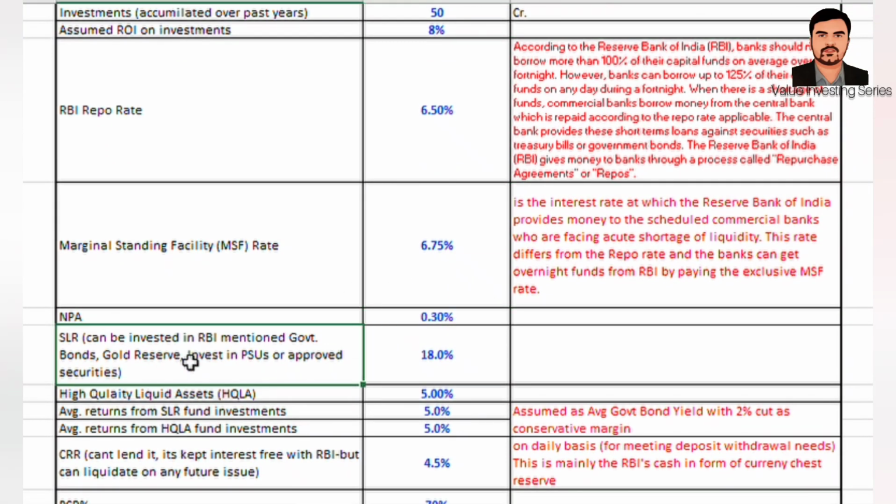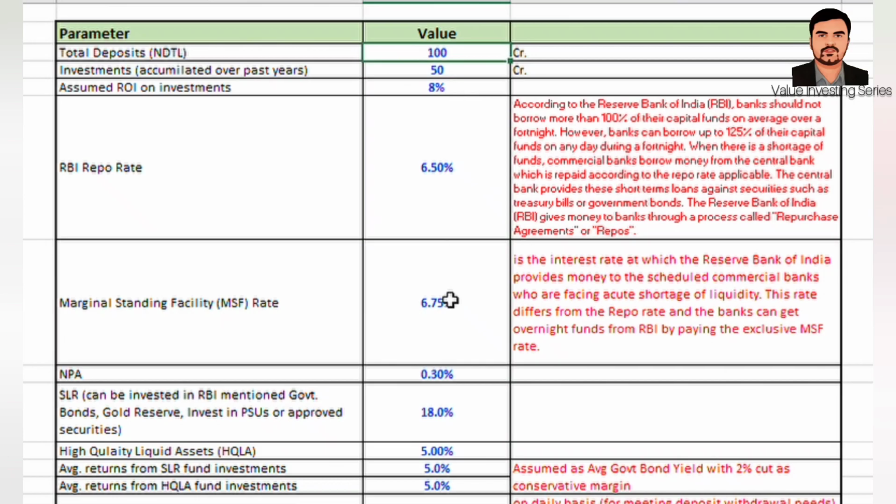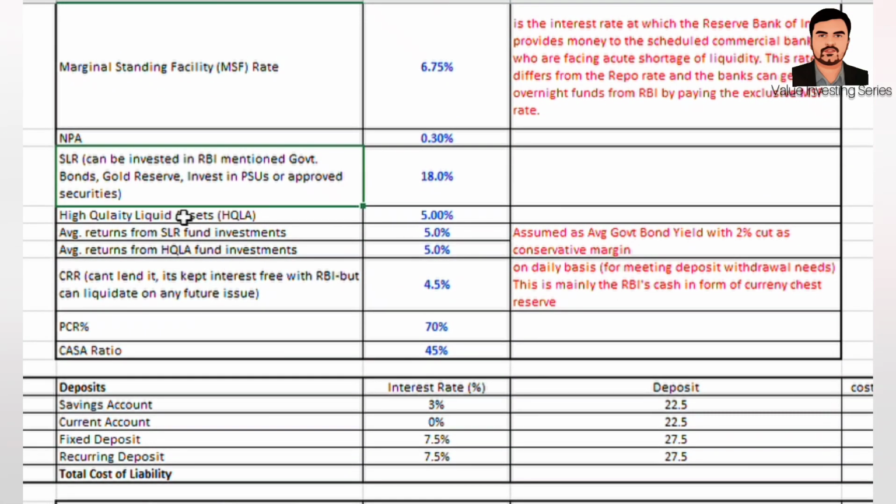So SLR, we already discussed, can be invested in the RBI statutory liquidity ratio. SLR can be invested in RBI-mentioned government bonds, gold reserve, PSUs or approved securities. So this is at 18%. Out of the deposits of 100 crore, 18%, which is 18 crore, is never given out as loan, but is invested in these bonds.